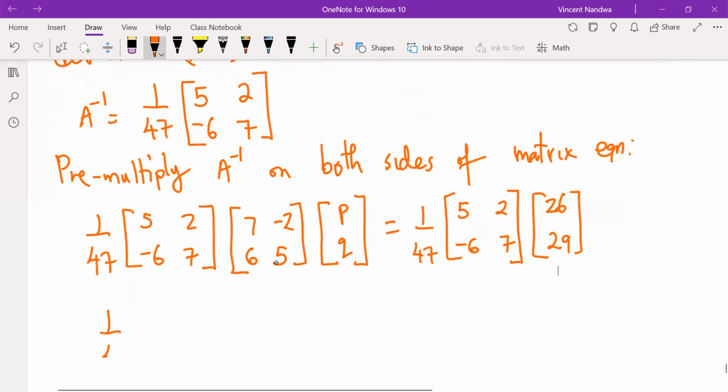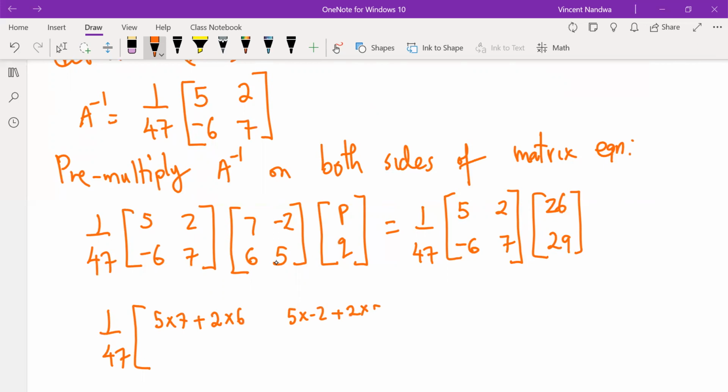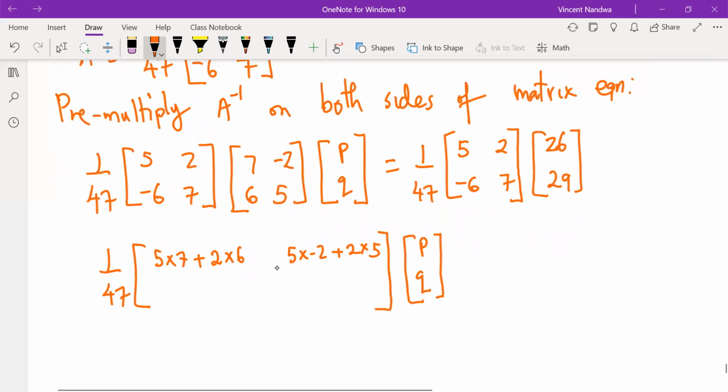So here we have 1/47 into 5 by 7 plus 2 by 6, so row by column. Element here will be 5 by minus 2 plus 2 by 5. Then we have minus 6 by 7 plus 7 by 6, so this row times this column.